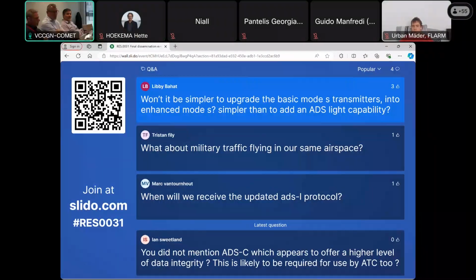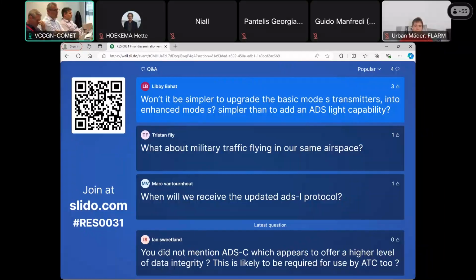But the research also revealed that around 26% of those, around 26,000 people with transponders, have no technical possibility to upgrade, because these are early versions of Mode S transponders.